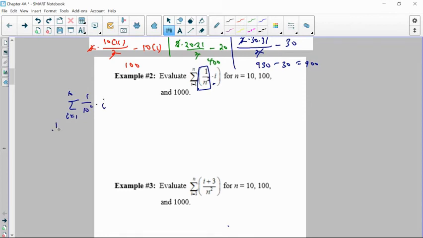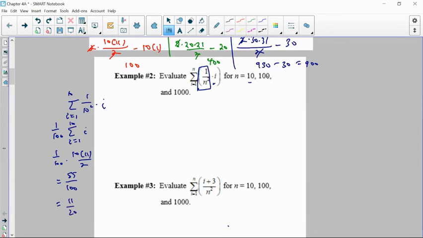So it's 1/100th times the sum from i equals 1 to 10 of i, which is just 1/100th times 10 times 11 over 2, which is 55 over 100. Those are both divisible by 5, so we can say it's 11/20ths.